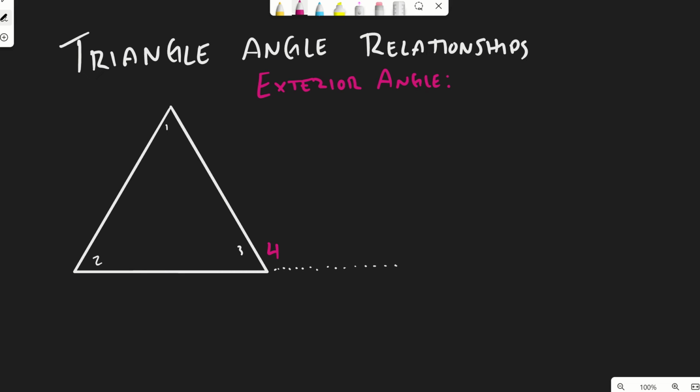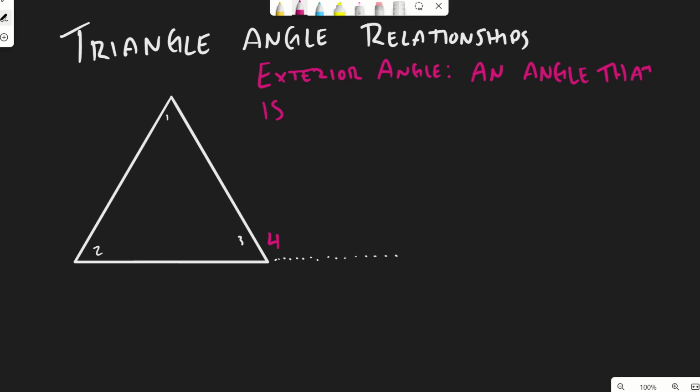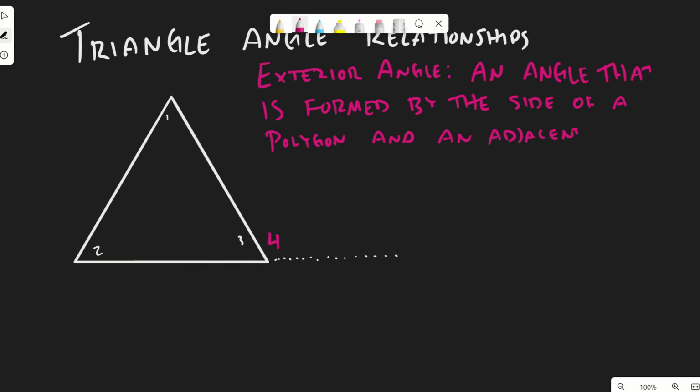An exterior angle is an angle that is formed by the side of a polygon and an adjacent side that extends from the polygon.